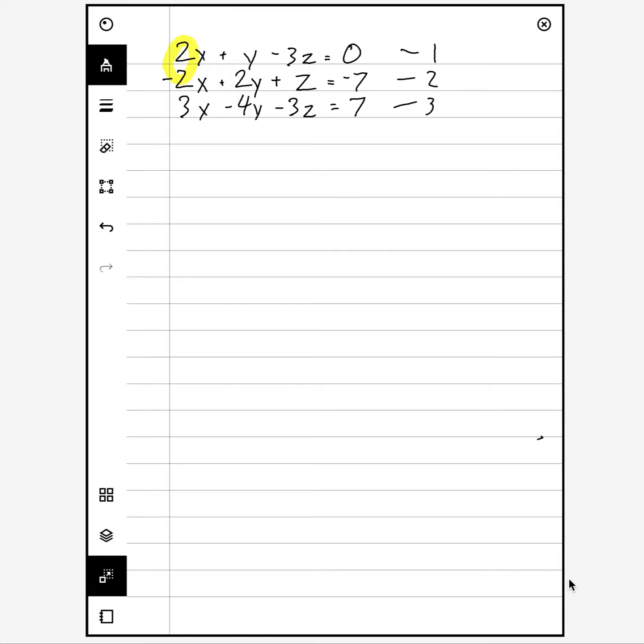2 and 2, if I added those two together, I could get rid of x. Here, I did a little manipulation. If I multiplied 2 by 2, I could then add these two and get rid of them. Same thing with these guys. If I multiplied this guy by 3, then I could add it to one of the other ones and get rid of something.